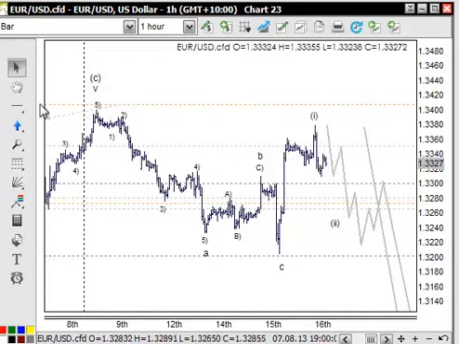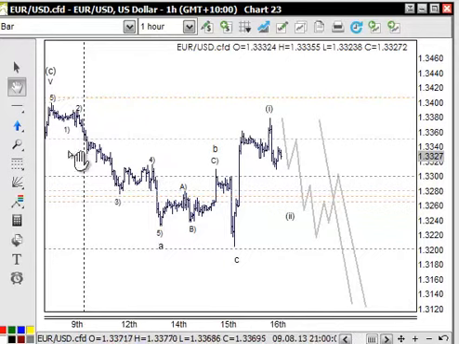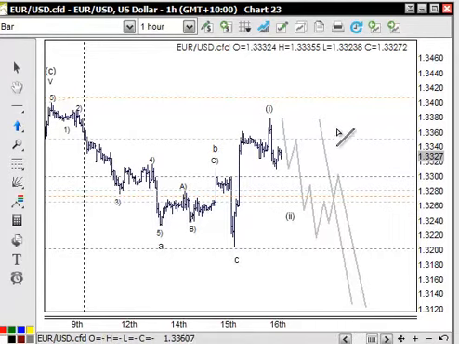Let me just get this drawing tool working here. So from the top of wave 1 here, we'd be looking for an A wave, a B wave, and a C wave here. So in one way or another, we really want to see if we can test below the 113 here, and then we want to move back up from that area there.